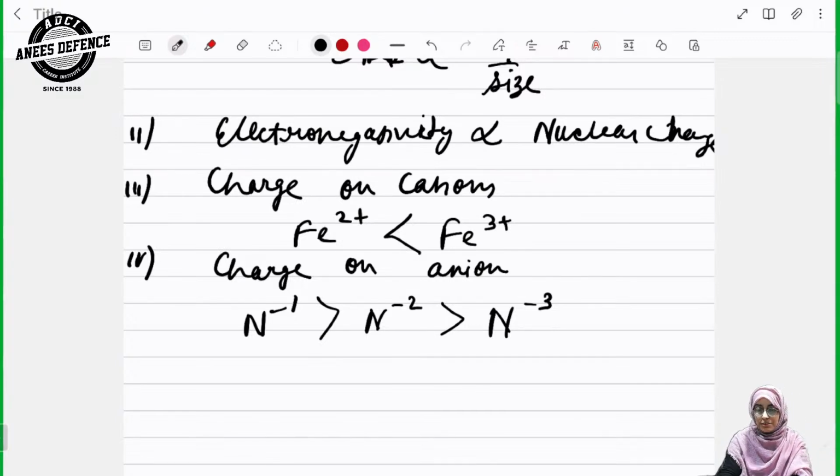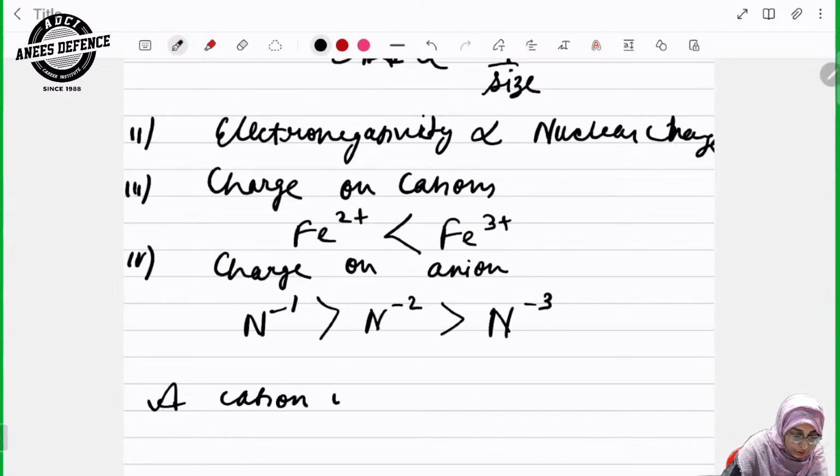So what we have seen is that a cation is more electronegative than its parent atom.